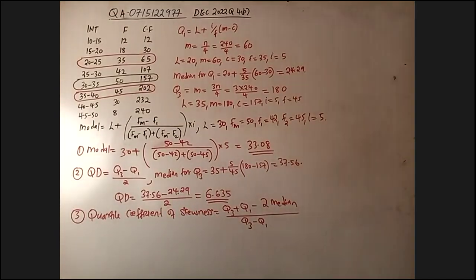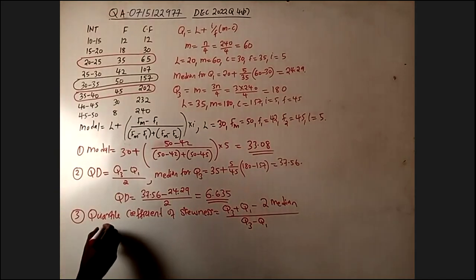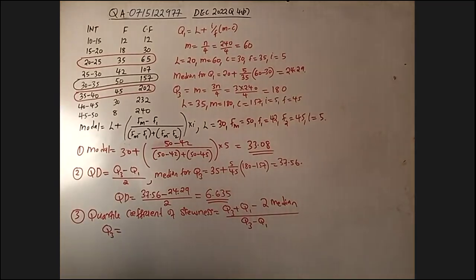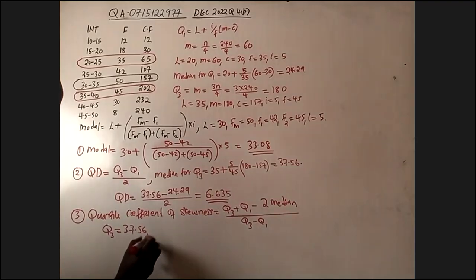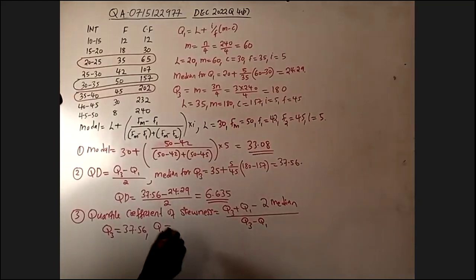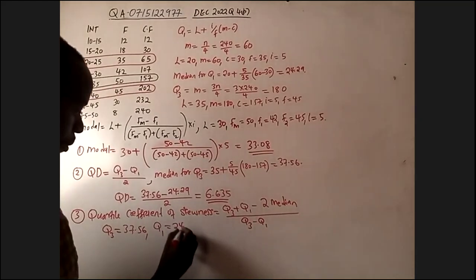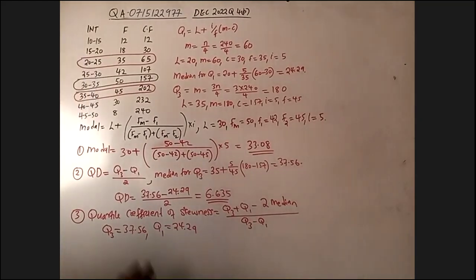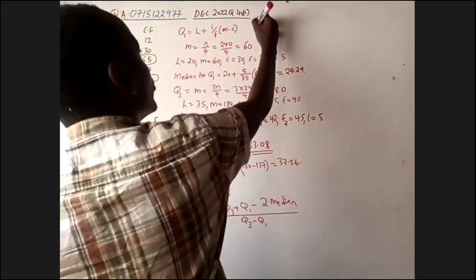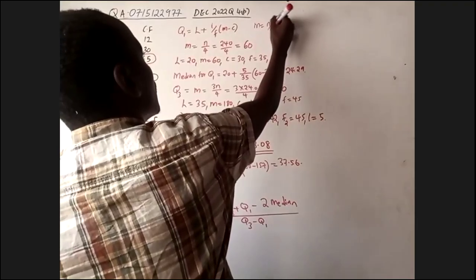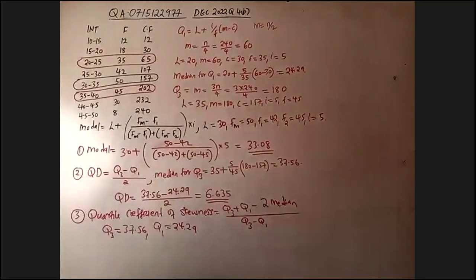We know our answer for Q3 is 37.56, and Q1 is 24.29. Now we need to find the normal median. Remember our M, for the normal median, is N over 2.